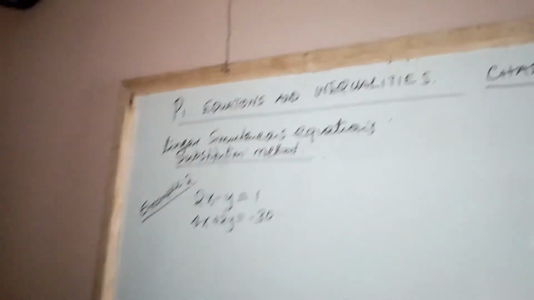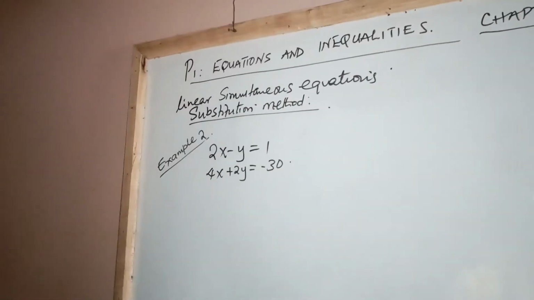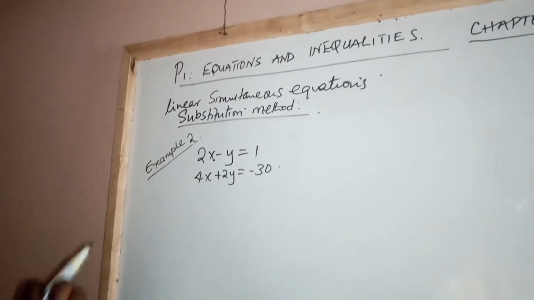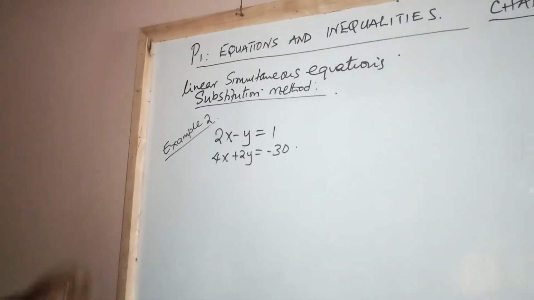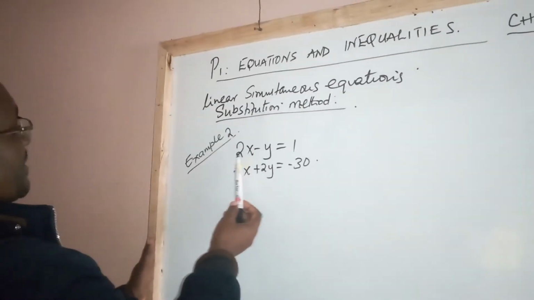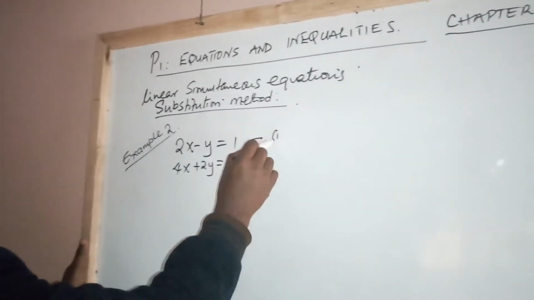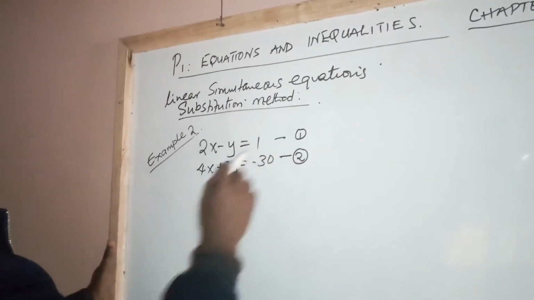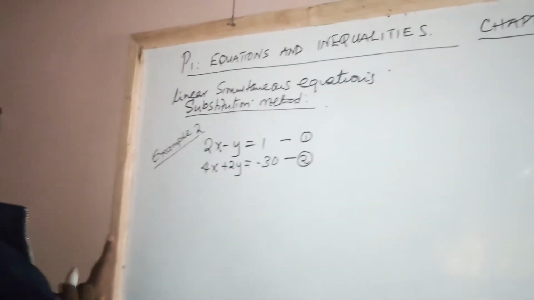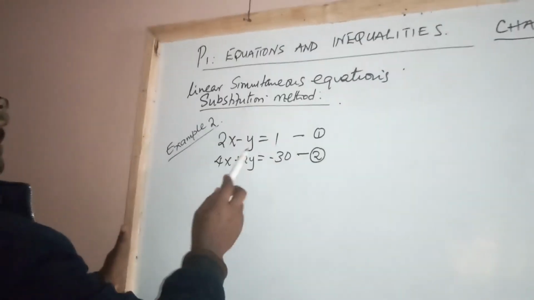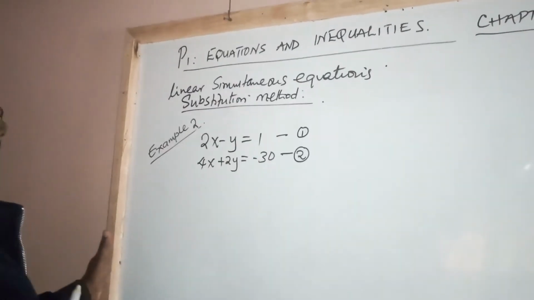In the substitution method, you identify the unknown which is easily expressed in terms of the other. If you look at equation number 1, 2x minus y is equal to 1, it is very easy to express y in terms of x.